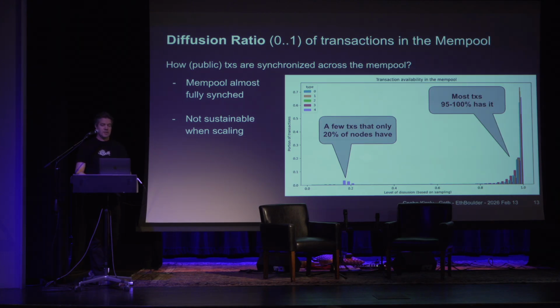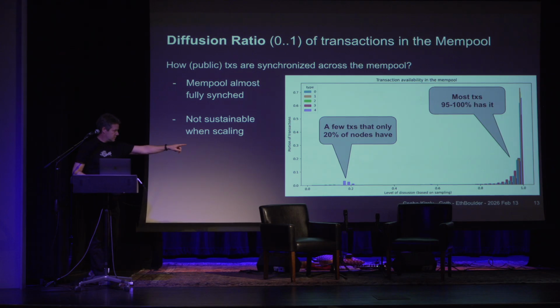This graph is showing on the x-axis how many nodes have a given transaction. And basically what you see is that everything is on the right side. For every transaction that I'm looking at, everyone has it, basically. And that's cool. That means that the mempool is basically fully synchronized. So whoever is building a block, they have the same picture they can build from.